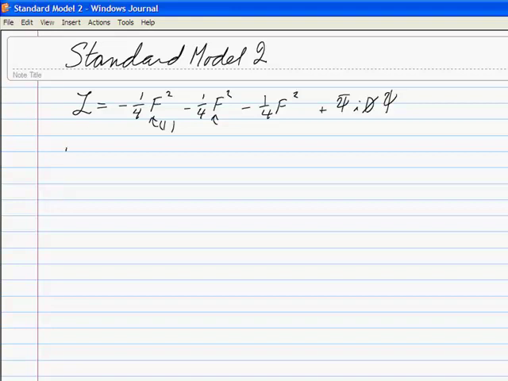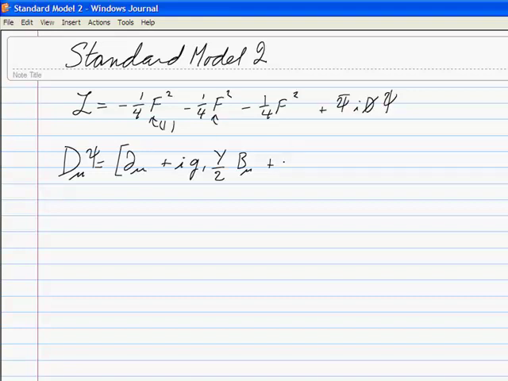And D has the general form D_mu plus i g1 Y over 2. The convention is Y over 2. The field is B_mu. So this is D_mu on a fermion.